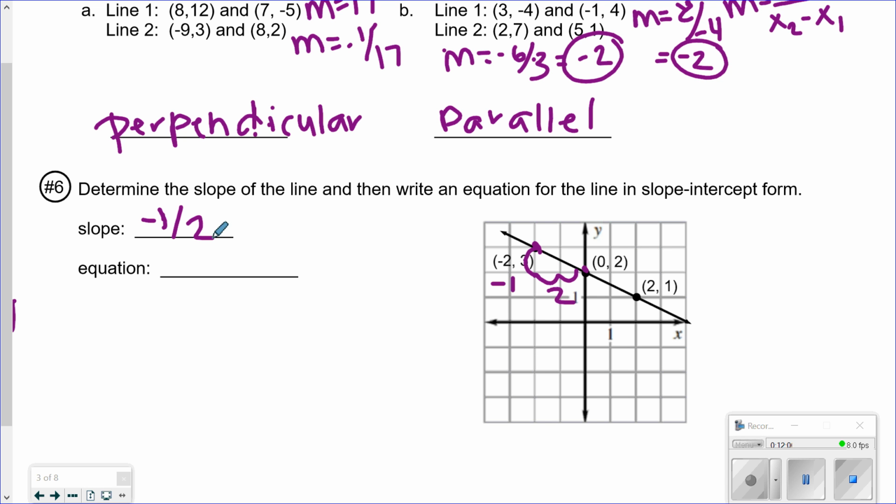Now to write my equation, remember this is y is equal to mx plus b. So y is equal to negative 1/2 x plus, I have to figure out what b is. B is the y-intercept, so where does this line cross the y-axis? It crosses it at 2, so b is 2.